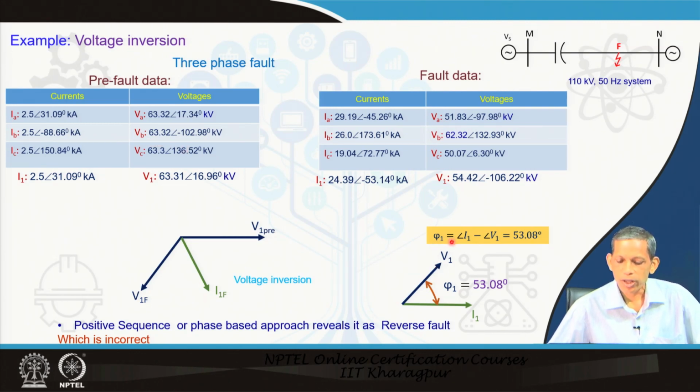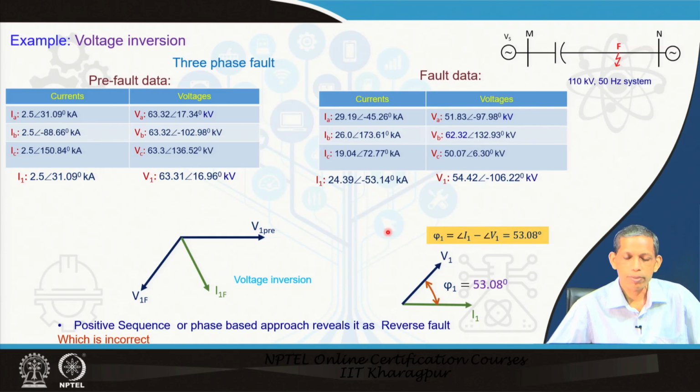Now, if we compute this phi 1, angle of I 1 minus angle of V 1, that we do for the directional link, this clearly shows that this angle is again positive. So, this positive angle means it should be a reverse fault, but this is a forward fault for this relay at this position. Therefore, this positive sequence approach fails.